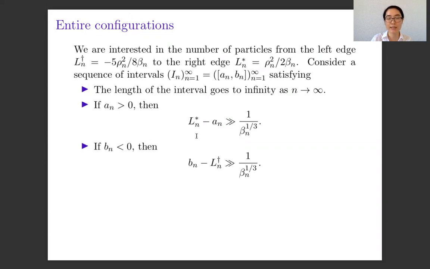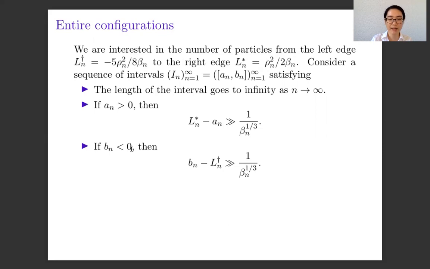The first one is the length of the interval goes to infinity as n goes to infinity. Second, if a_n is greater than 0, that is to say the whole interval falls in the positive real line, then the distance between the right edge and the left endpoint of the interval is a lot larger than beta to negative 1/3. The third restriction deals with the case when the interval falls in the negative real line.